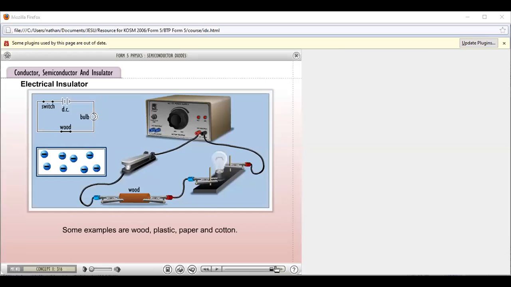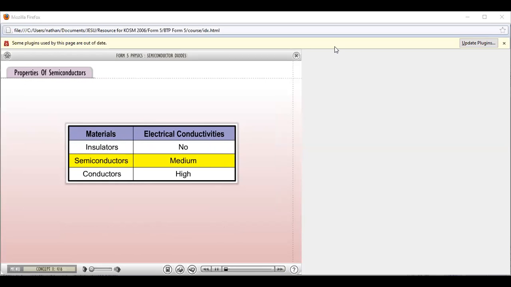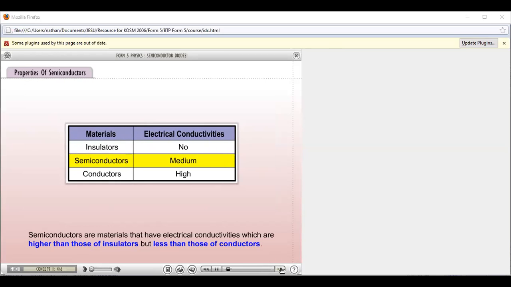Now, to explain conductivity and non-conductivity, usually we need to look at the energy level of the electron.